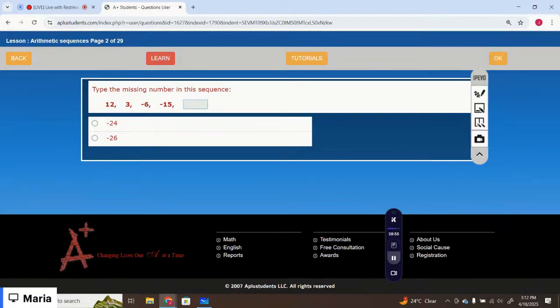Type the missing number in the sequence. 12, 3, -6, -15.